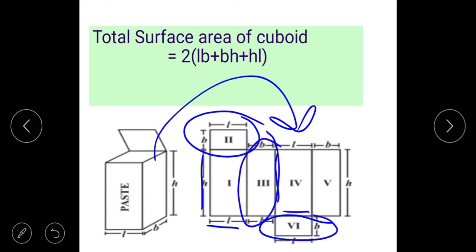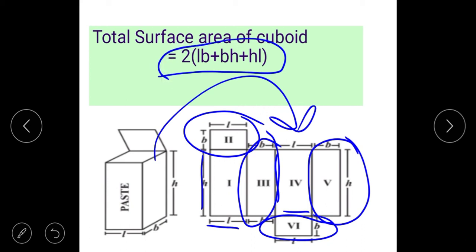This figure is B into H, and this B into H, so 2BH. Take 2 common, and you get the formula 2(LB + BH + HL). Twice in brackets, length into breadth plus breadth into height plus height into length, and this is the total surface area of the cuboid.